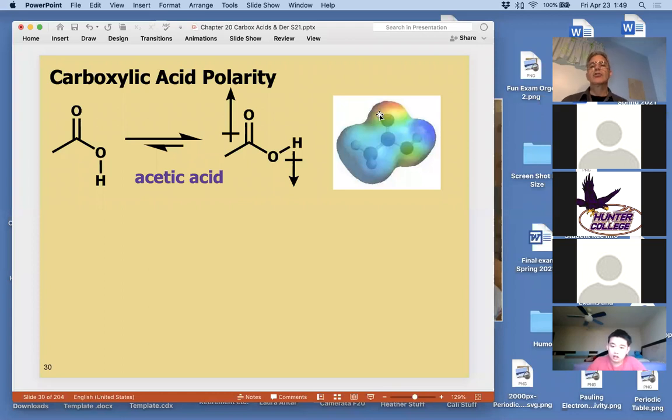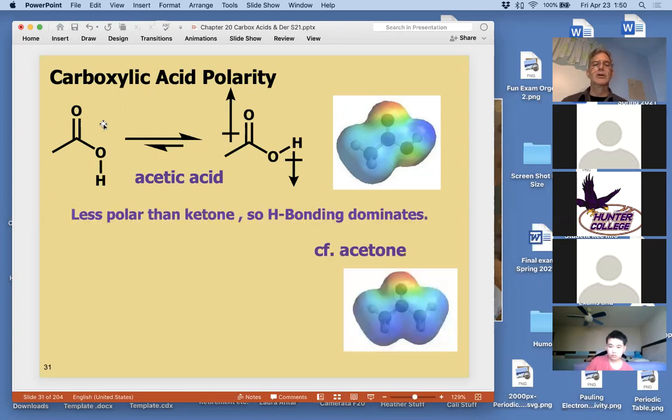Now you also have the H here, and that's the important part of a carboxylic acid. But the dipole in a carboxylic acid is weaker than the dipole in aldehydes and ketones. So they are less polar than ketones, and it's hydrogen bonding that dominates. I'm showing you acetone here to show you what it looks like.